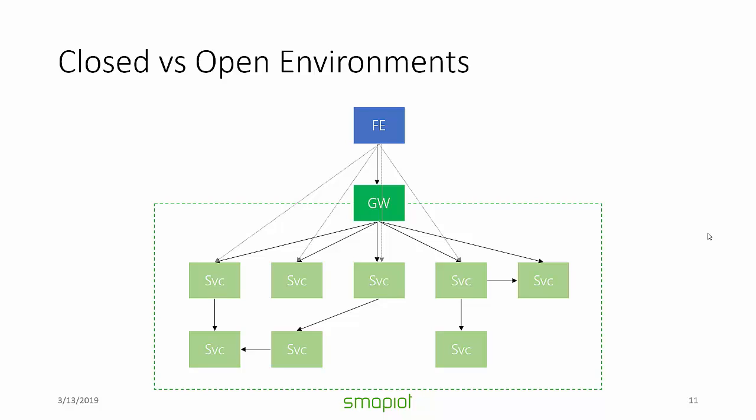So you remember this diagram from the start of the talk, where we have a client communicating with a microservice backend via an API gateway. This is rather nice, and it only worked because we have a closed environment behind this. That means every access to a service needs to go via the gateway.